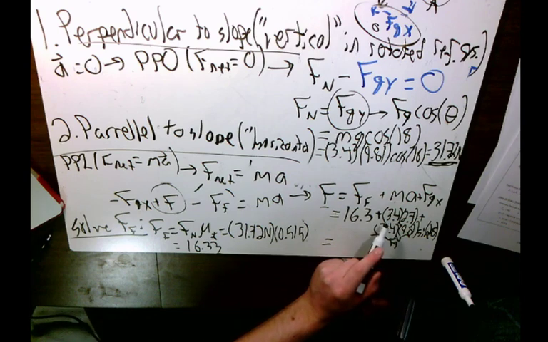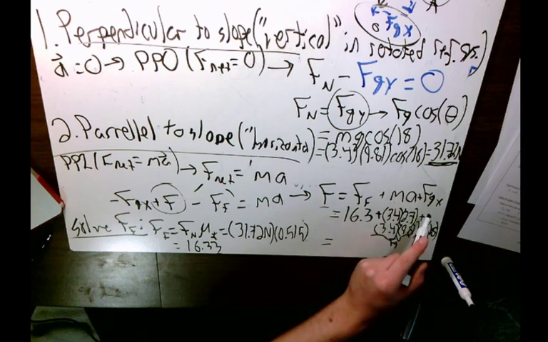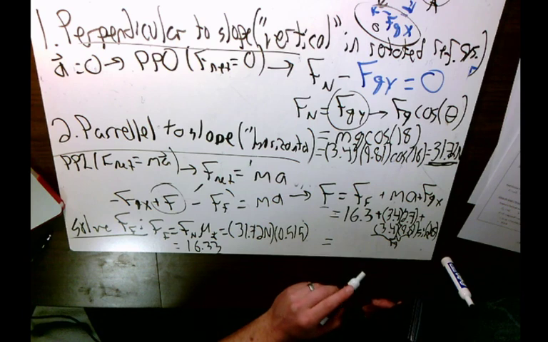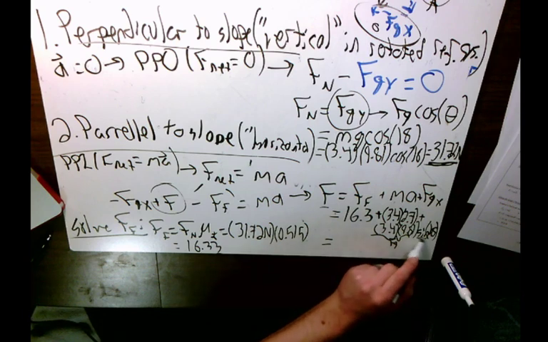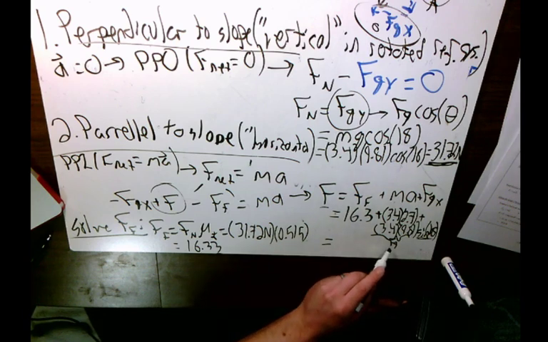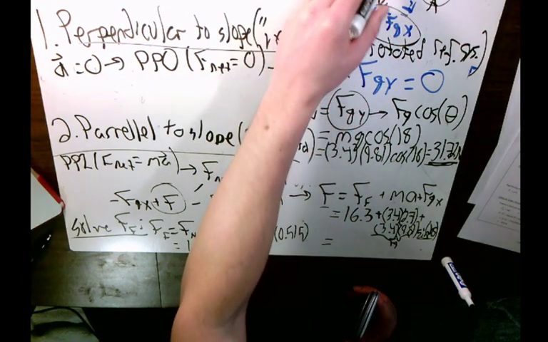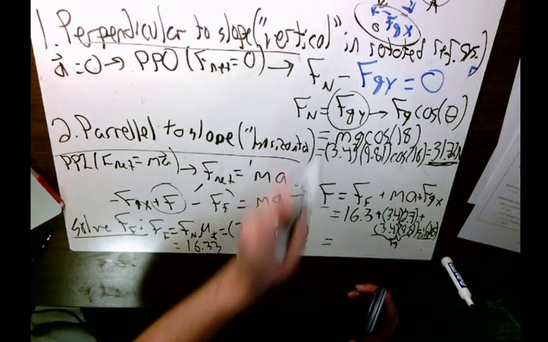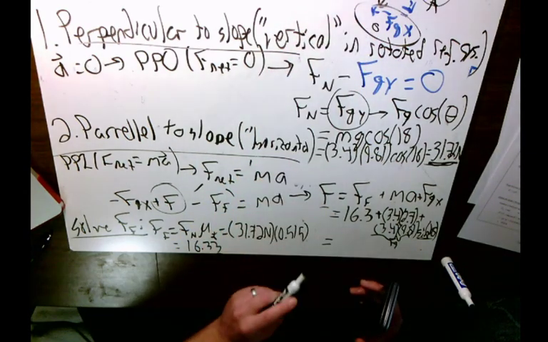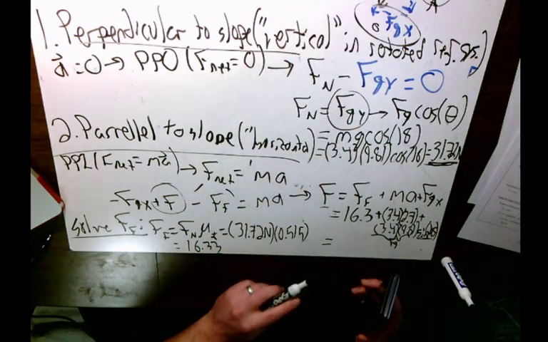plus our x component of gravity, which is the sine, right, of the gravity, because it's our opposite side related to our hypotenuse, which is the only one we can calculate using the mass and gravitational constant.